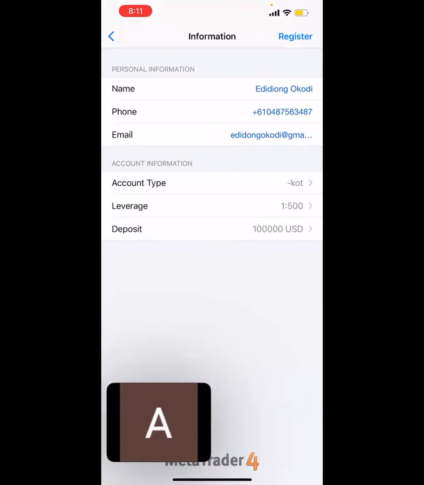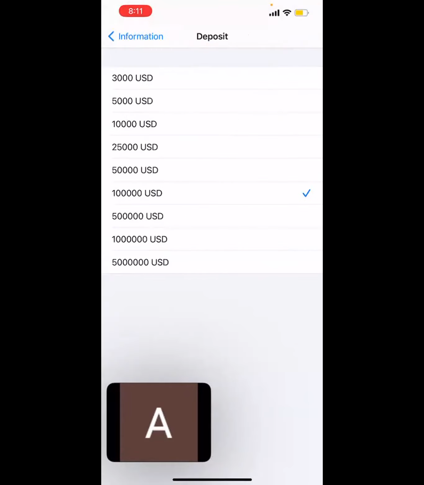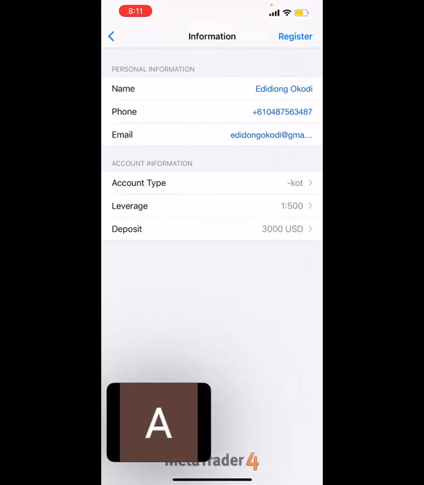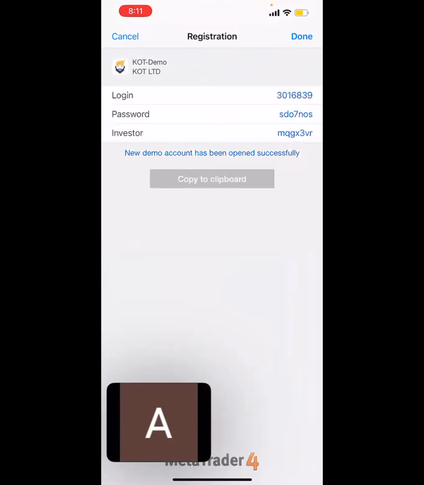Good. Now at the bottom where you have 100,000 deposit, change to 3,000. Then done or register or save. You see, one has been opened successfully. Okay, great.